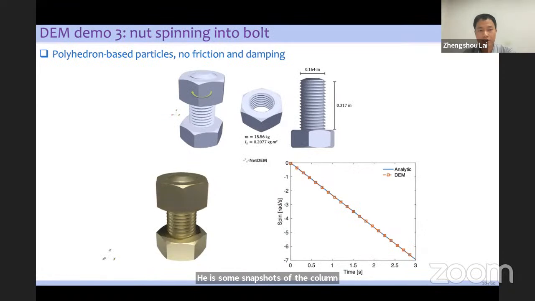In the third example, we show a nut that's spinning onto a bolt. The nut and the bolt are modeled by polyhedra, and this results in multiple contacts between the nut and the bolt. For the case of no damping and no friction, we can see the nut can spin freely through the tracks of the bolt.